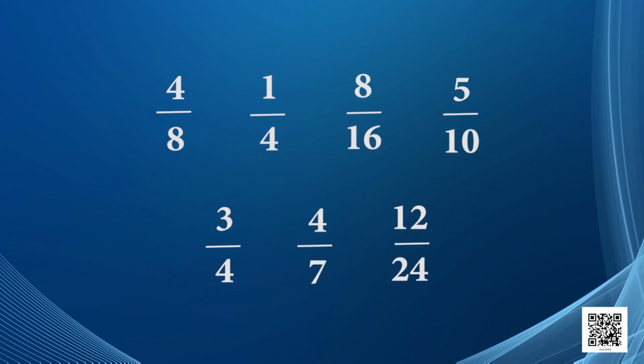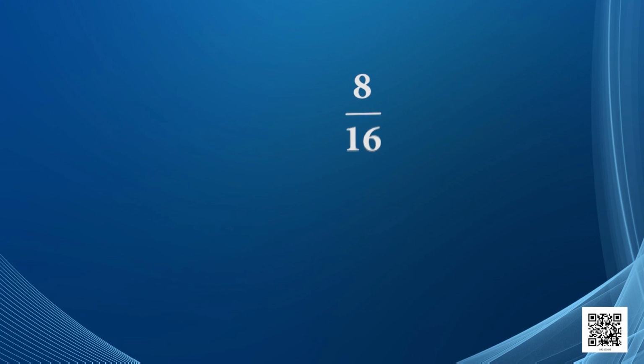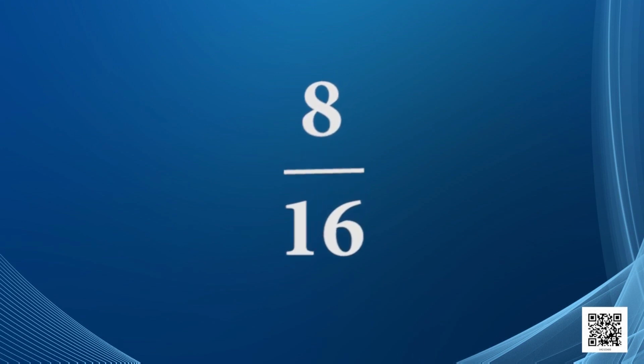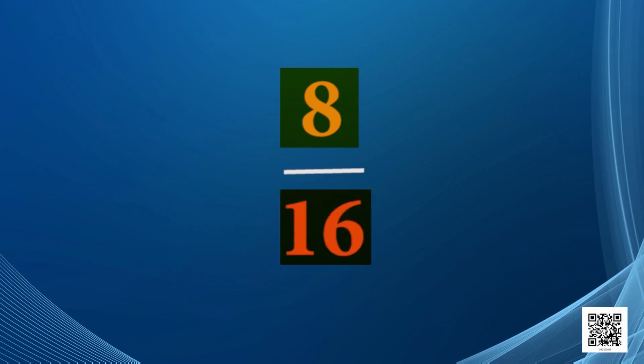Now let us see another number equivalent to 1 upon 2. Say 8 upon 16. What is the number on the top? 8. What is the number on the bottom? 16. Is 16 double of 8?